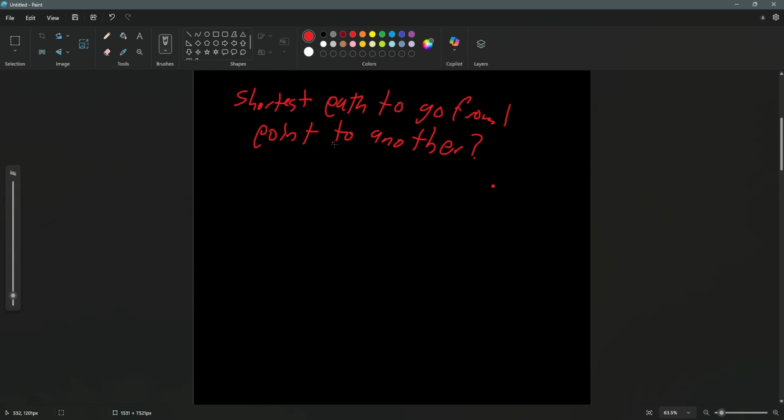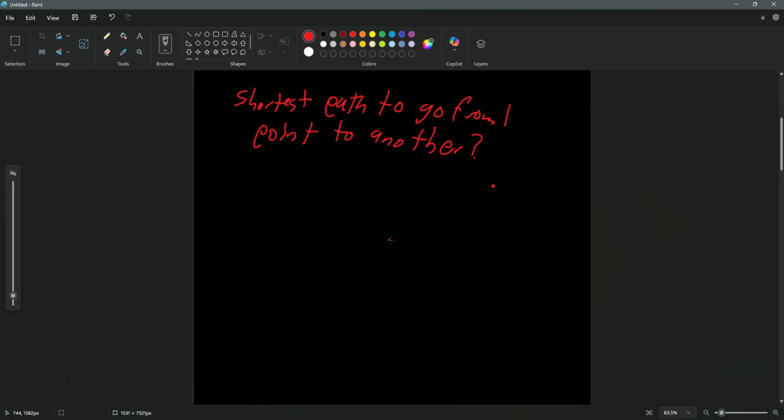In some cases, we could just see visually. If the graph's simple enough, we could do it by hand, but they're not always very simple. So we're going to use that thing we were talking about called Dijkstra's algorithm. I'm going to draw a graph here as a first example, and then I'm going to have a few other examples in separate videos that I'm also going to be uploading.